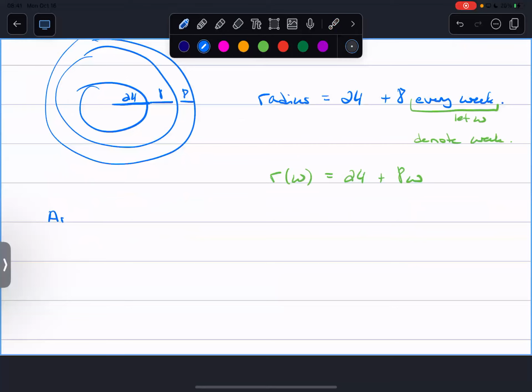So the area of a circle is pi r squared, where r is 24 plus 8w, right? R is a function of the weeks.